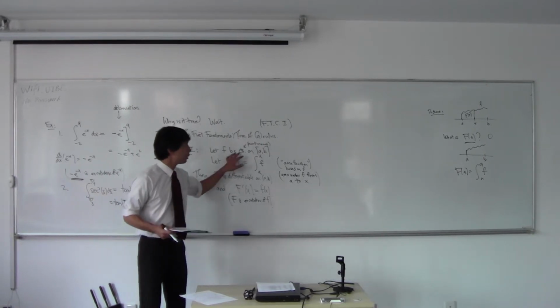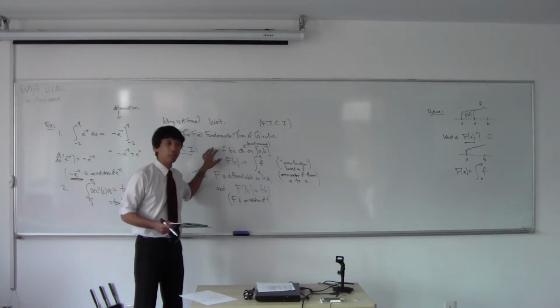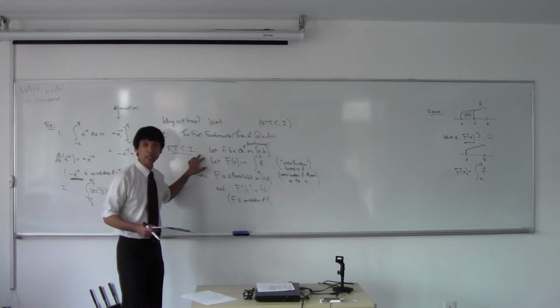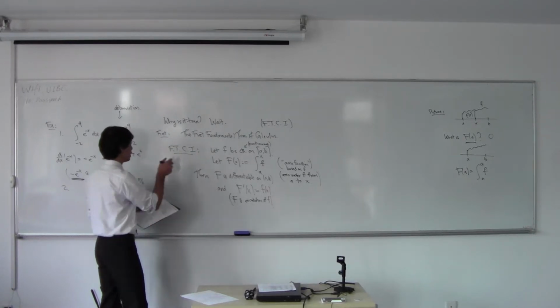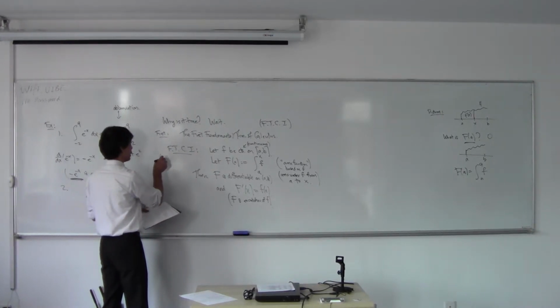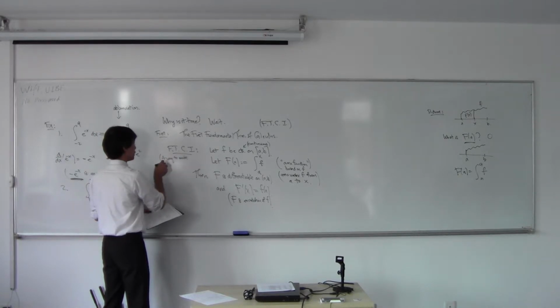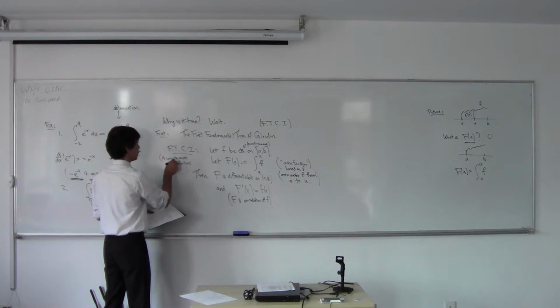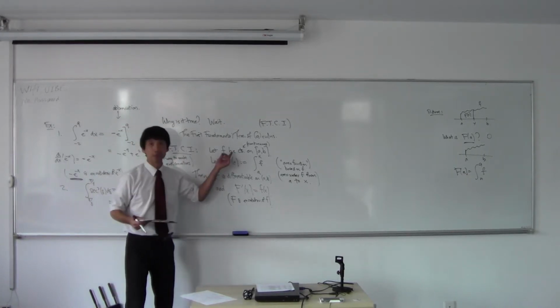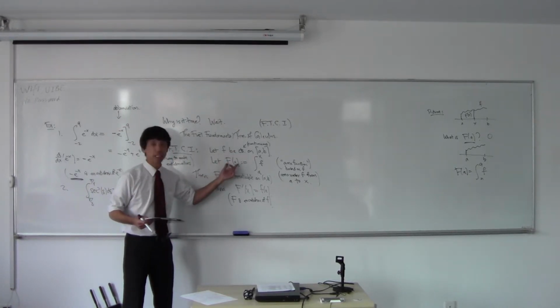Okay, so fundamental theorem of calculus 1 is basically a way of making antiderivatives. You have some function, you can make an antiderivative of that function.